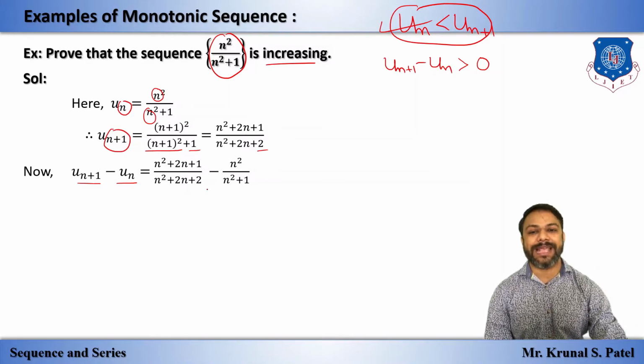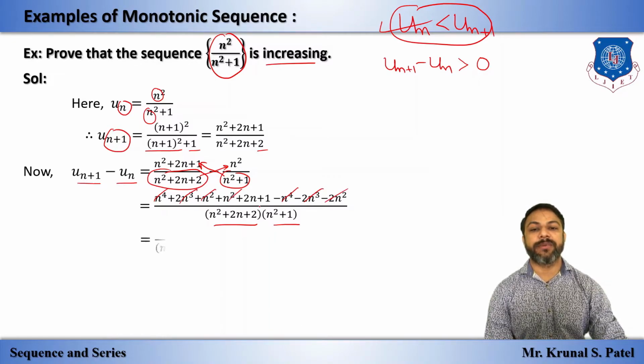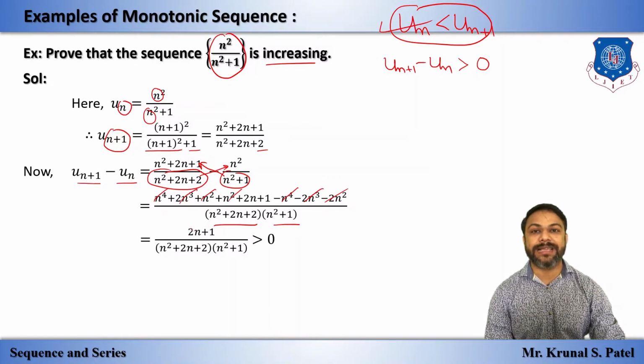So by taking LCM, multiplication of this denominator in the denominator, and this multiplied with this numerator, and this multiplied with here n square. By cancelling out this term, and cancelling out this term, we have 2n square cancel out, and we have the remaining term, and you can see clearly for n greater than or equal to 1, this term is positive.